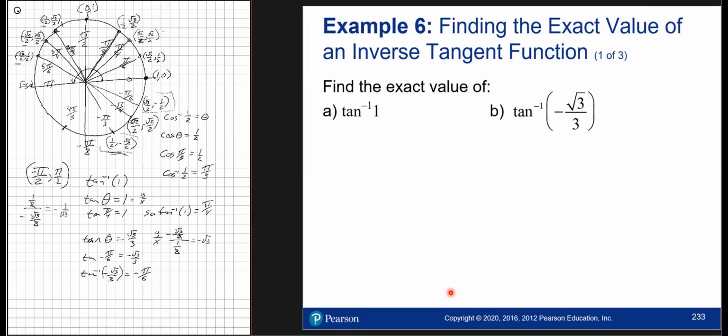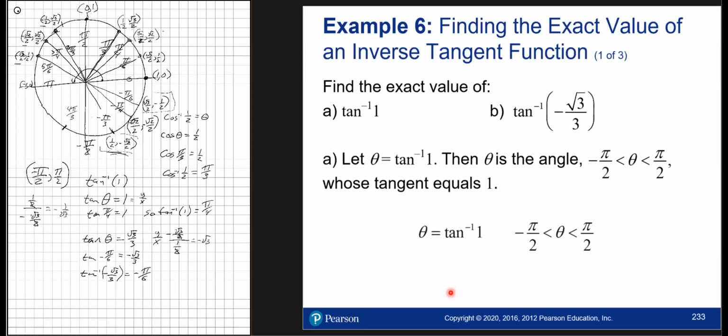But we're dealing with only these two quadrants, the values from negative pi over 2 to positive pi over 2. And so here they're doing the first one. And then they didn't say what the angle is. They didn't give us the answer here.